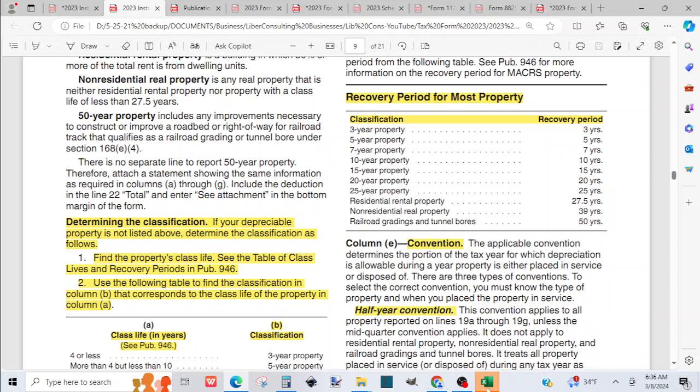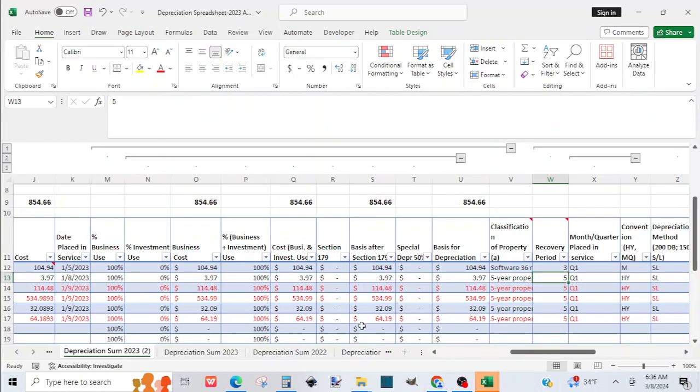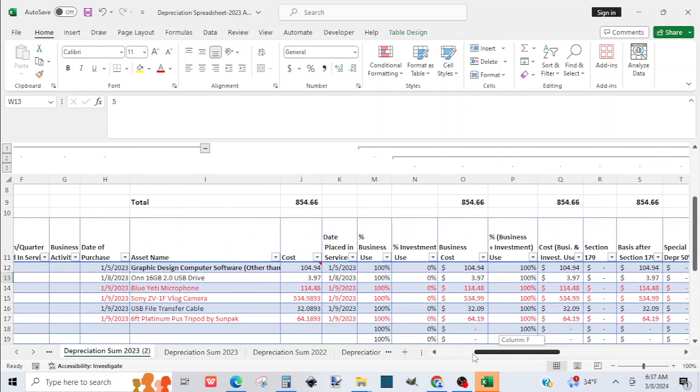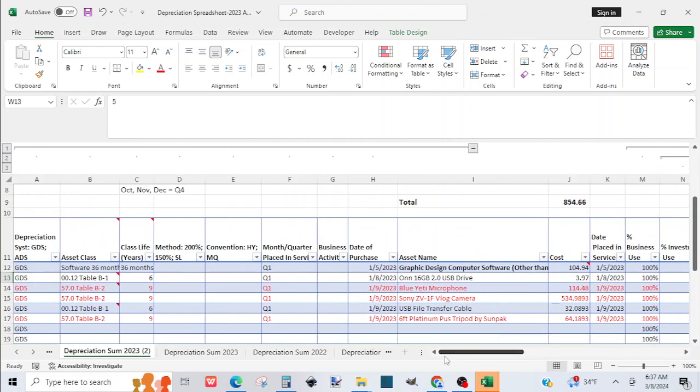Now while we did that, let's do another one that is related. It is a USB file transfer cable, and again we assume it's going to be the first table, the peripheral of a computer.